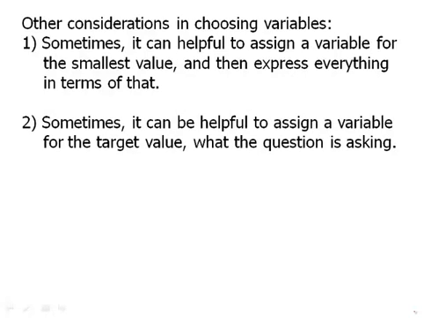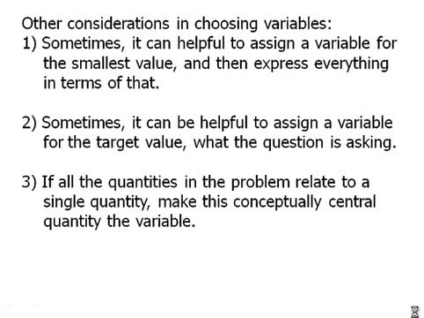And of course, the advantage of this is, as soon as you solve for the value of that variable, you have the answer to your question. So some people prefer doing that. If all the quantities in the problem relate to a single quantity, make this conceptually central quantity the variable. And I'll show an example of this in a moment.